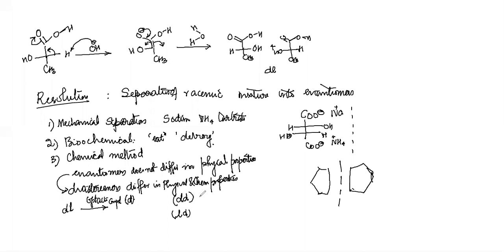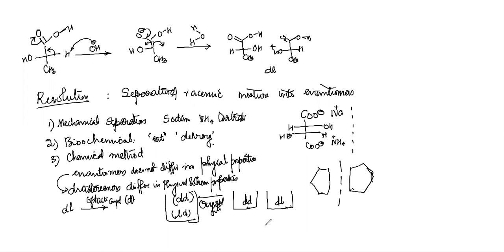They will be having different solubility. So remember, this is obtained in a mixture. Now your job is to separate them by crystallization. So when you separate them by crystallization, you'll get DD here and DL here.